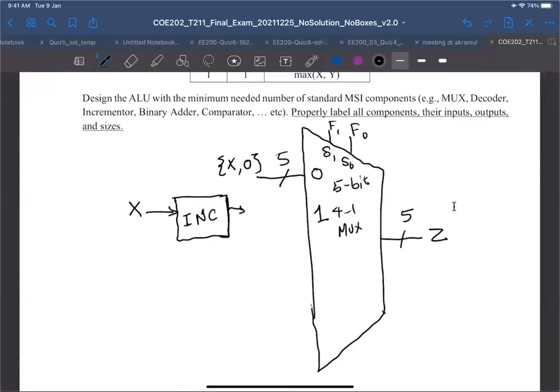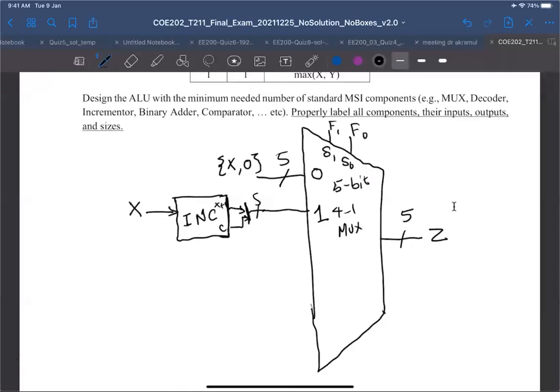This is x plus 1, and this is the carry out. I concatenate these two together, 5-bit, and this is going to be my x plus 1. So this is the second input.